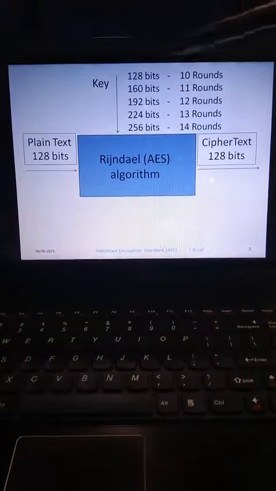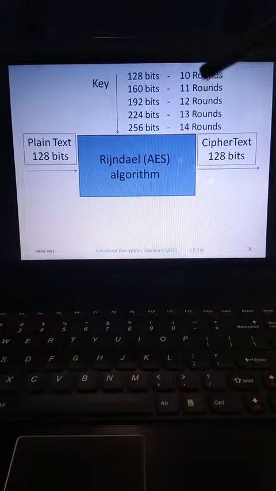For processing in this AES algorithm, mostly we use a 128-bit master key. Besides, there are also possibilities of keys with 168 bits, 192 bits, 224 bits and 256 bits.